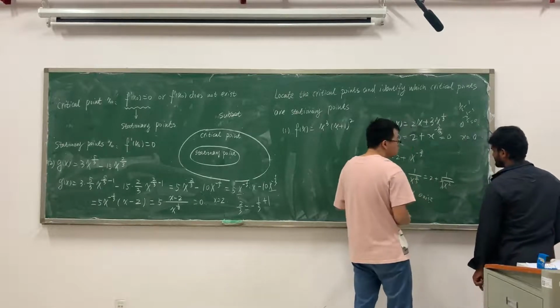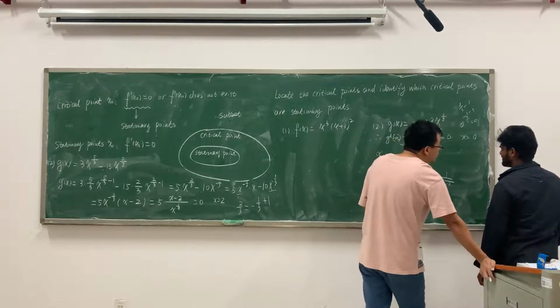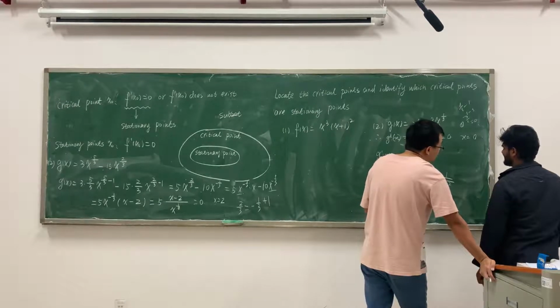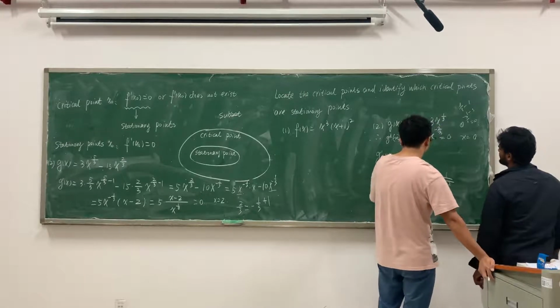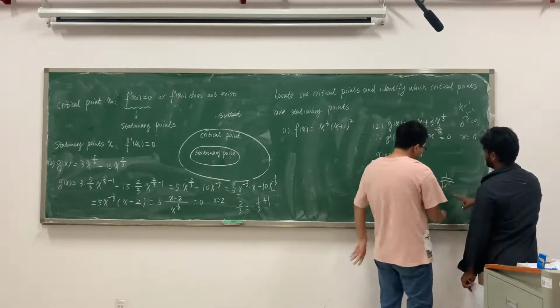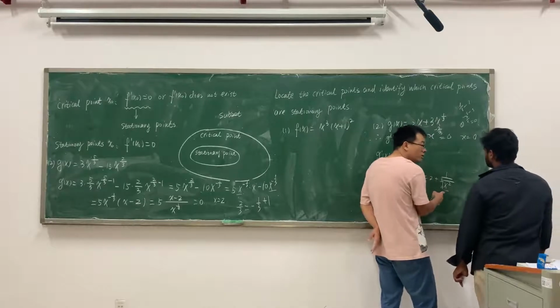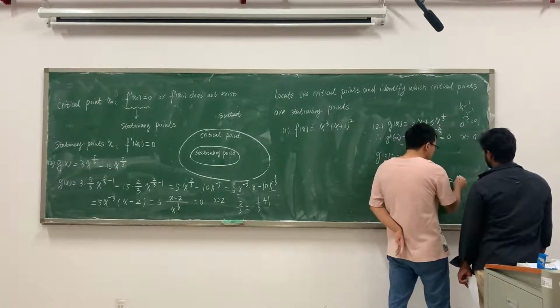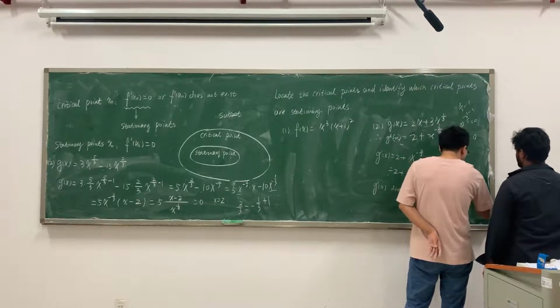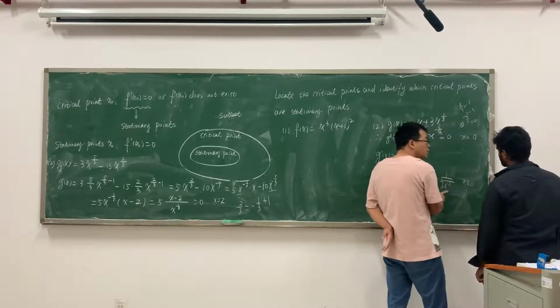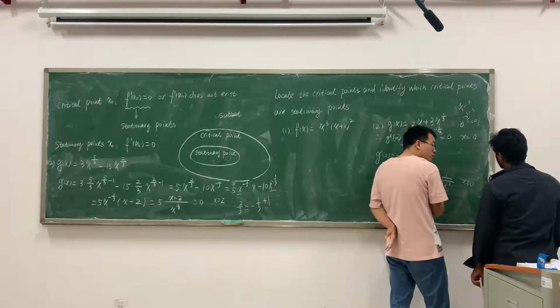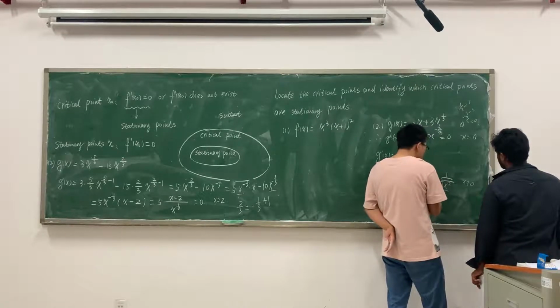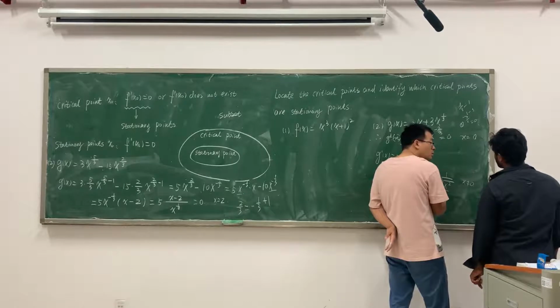Here means that 0 is the only critical point, but it's not... The cube root is positive, 1 by positive, so 2 plus positive is also positive.